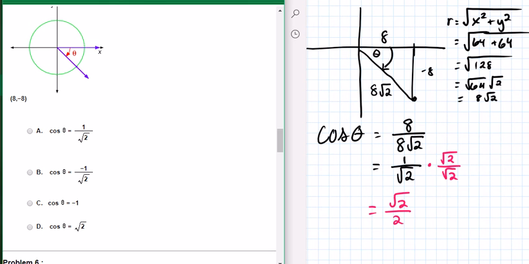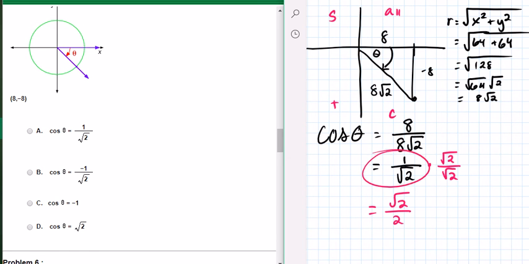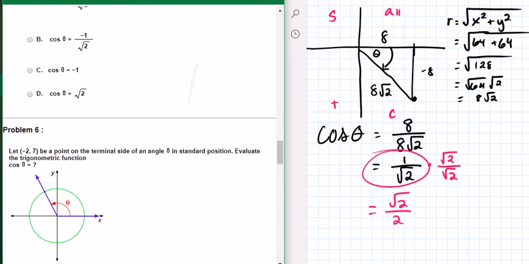And you do need to keep in mind All Students Take Calculus. So here, the cosine of theta is going to remain positive, which makes sense. So it's 1 over radical 2, which would be A.